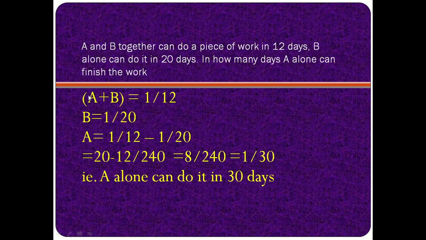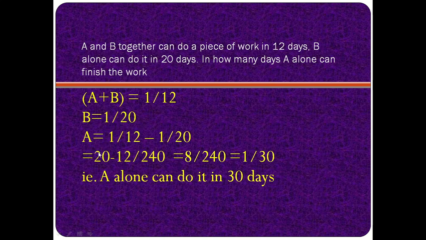It is said that A and B together, A plus B, can do one piece of work in 12 days. So that is stated as 1 divided by 12. 12 days are required to complete one piece of work. B can do it in 20 days. So one piece of work can be done by B in 20 days. That is 1 divided by 20.